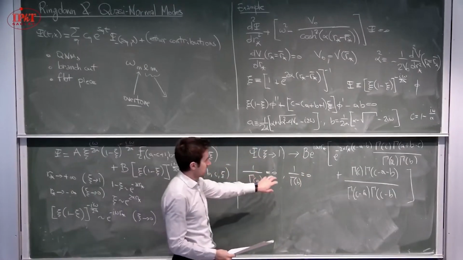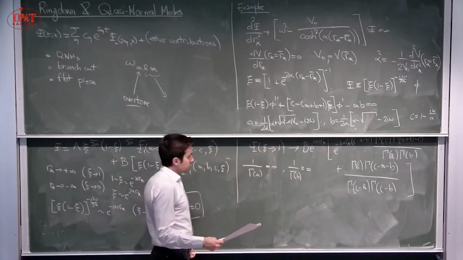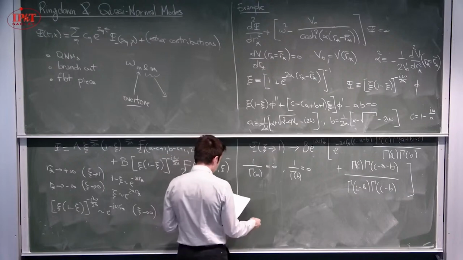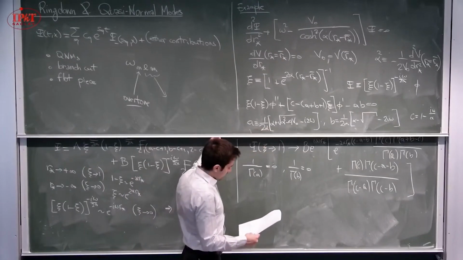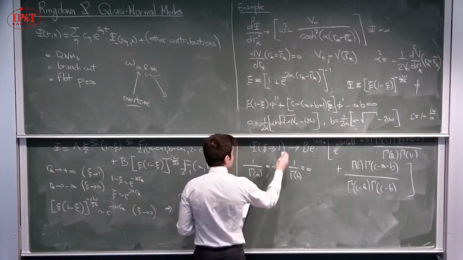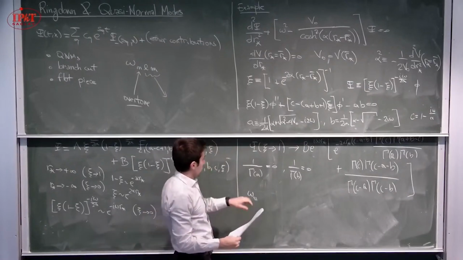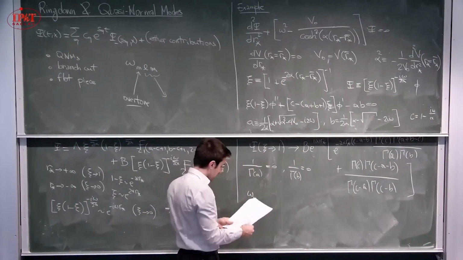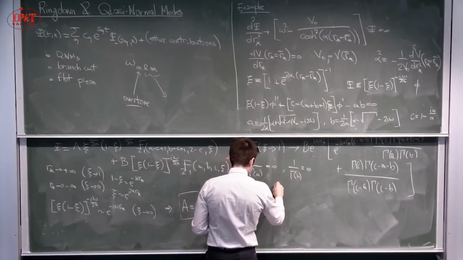If you impose this condition, then you find that there is a discrete spectrum. So you find some omega n. There are some values of the frequency at which this happens, and the values of the frequencies are the following.